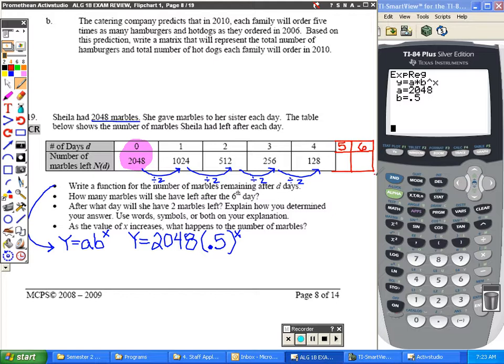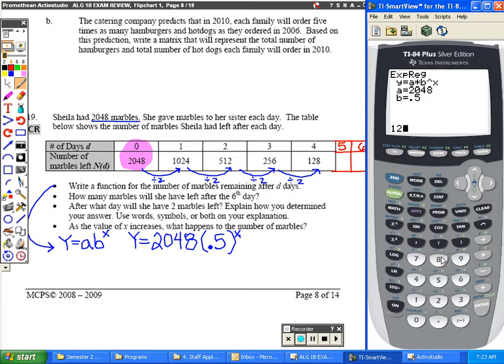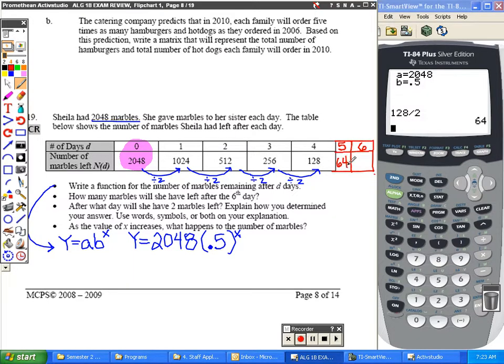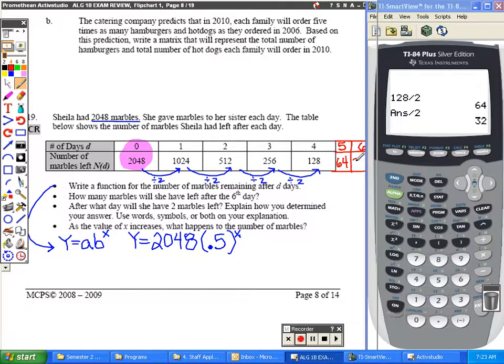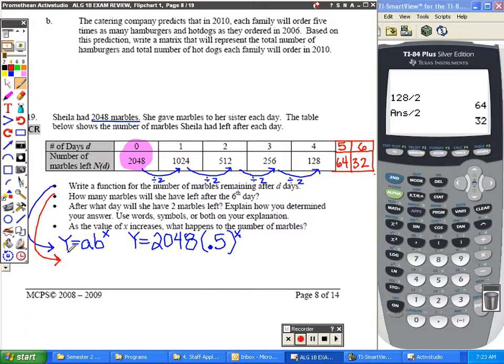That'll be 128 divided by 2, which is 64. This one is 64 divided by 2, which is 32. So for the second part, my answer is 32 marbles.